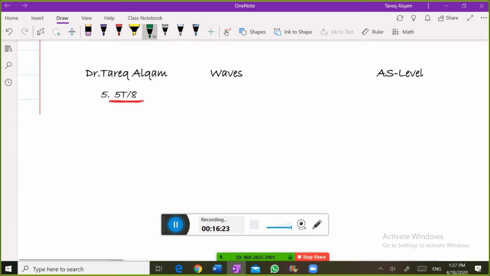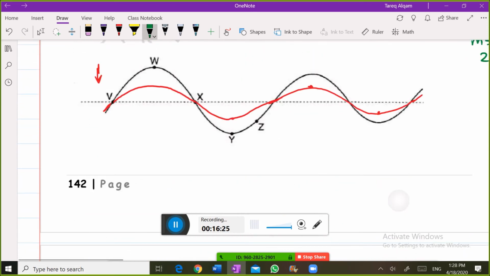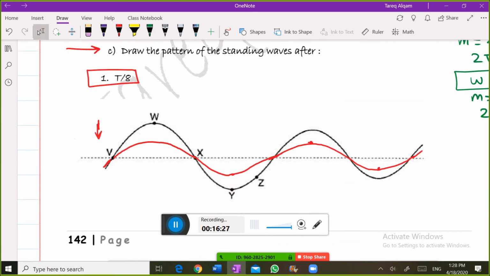And you might be asked about these things, guys. If I consider T over 8, T over 8 definitely will be in between 0 and the quarter cycle.